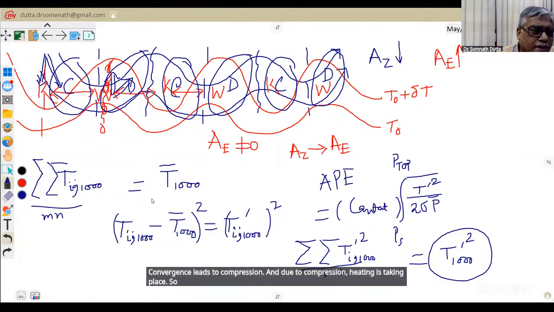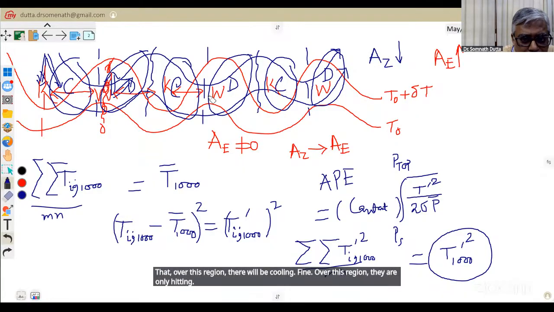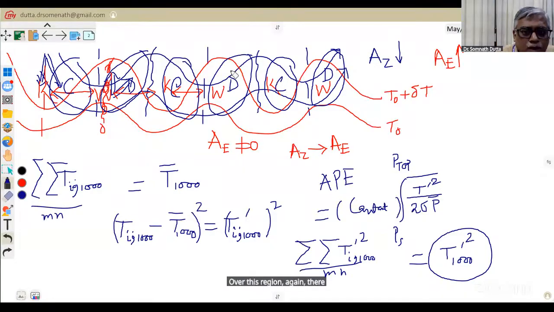So again we can see that over this region there will be cooling. Over this region there will be heating. Over this region again there will be cooling.